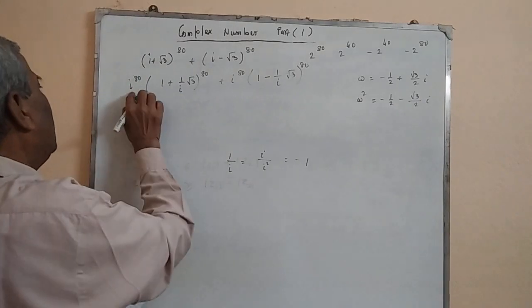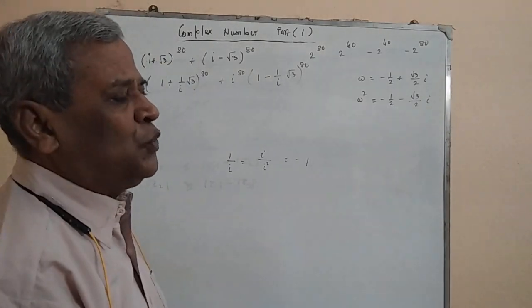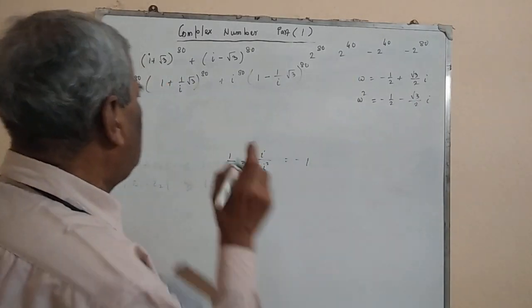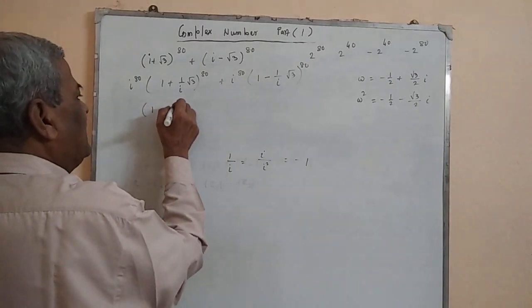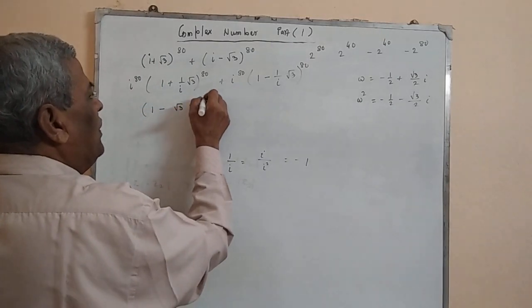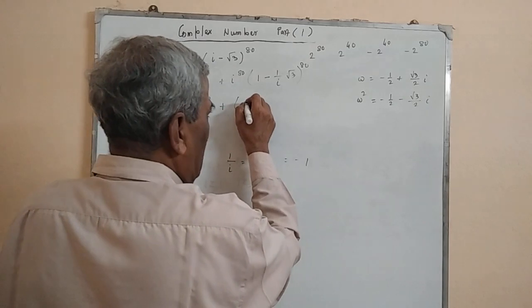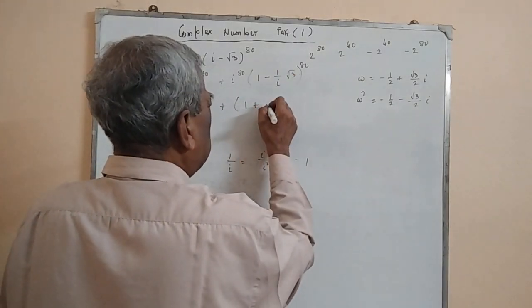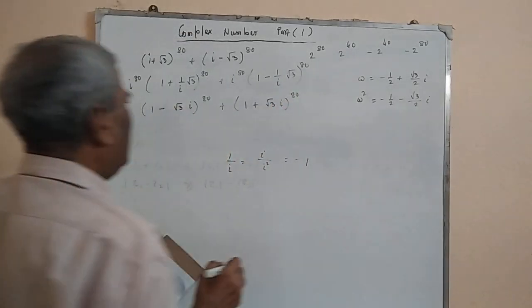And i to the power 4 is 1, so i to the power 4 whole to the power 20 is 1. So it is (1 minus root 3 i) to the power 80 plus (1 plus root 3 i) to the power 80.